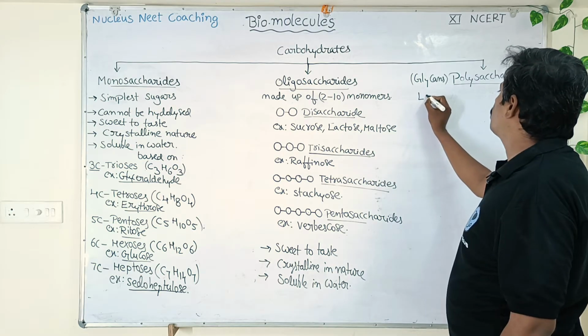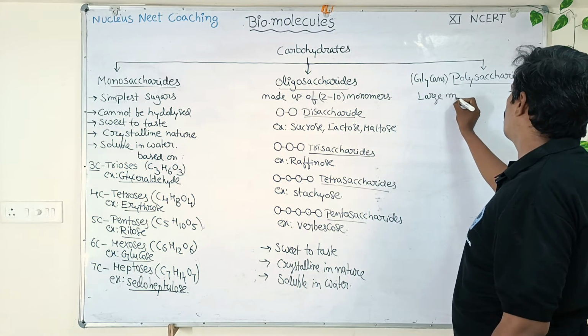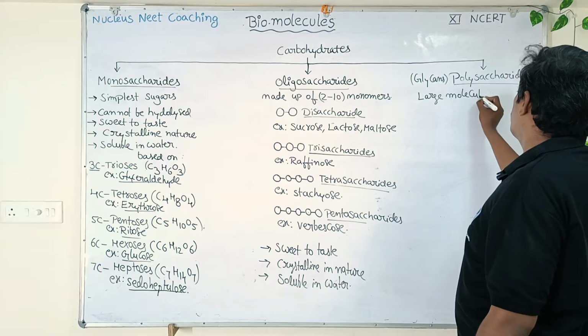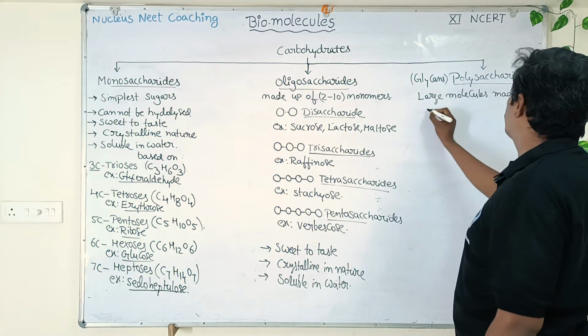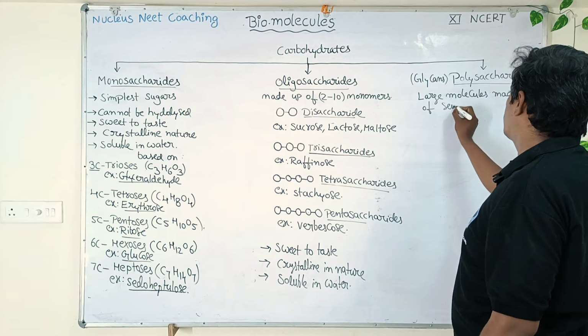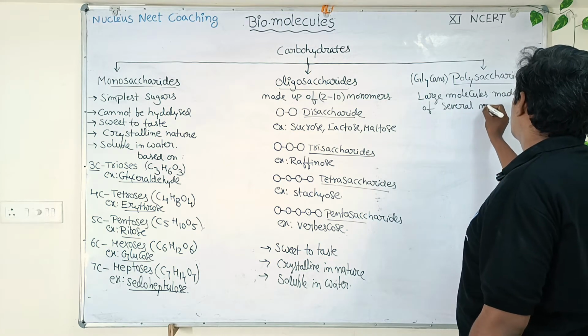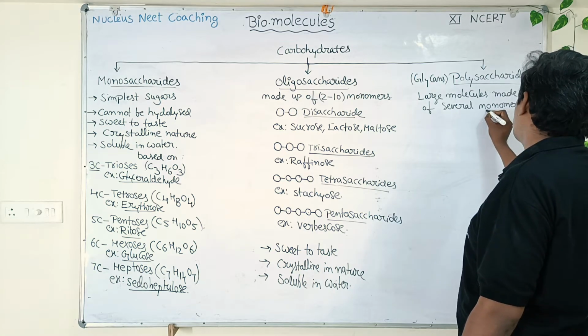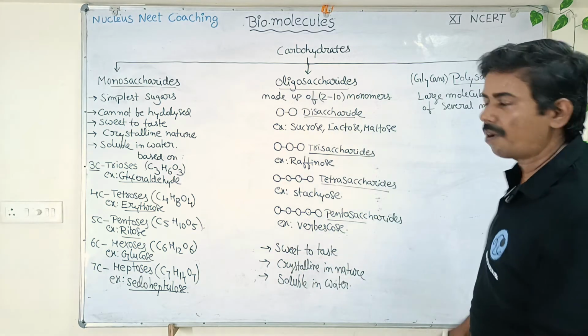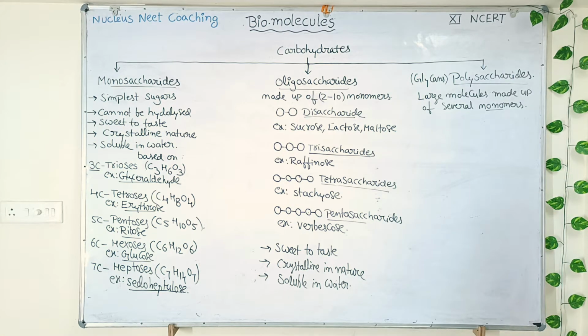They are large molecules made up of several monomers. The monomers can be any type of monosaccharide. These molecules are insoluble in water, they are not sweet to taste, and they do not have a crystalline nature.